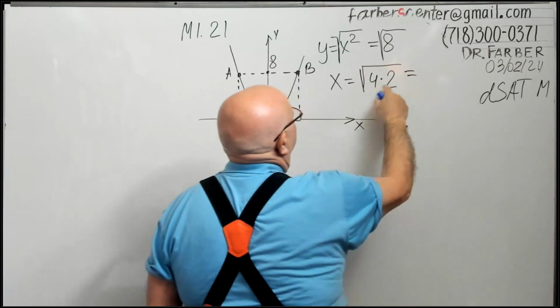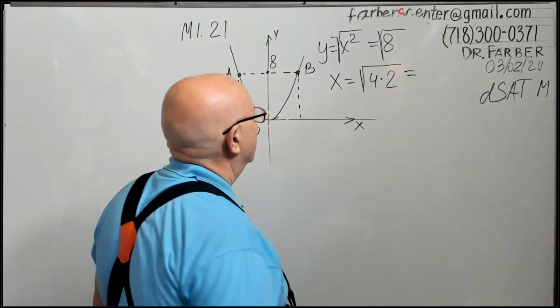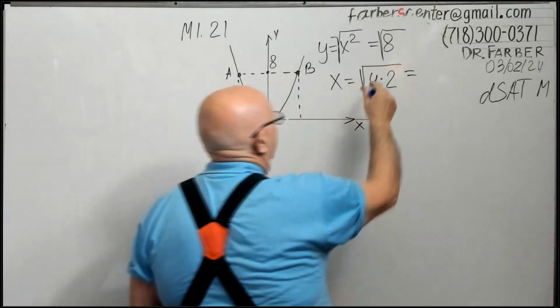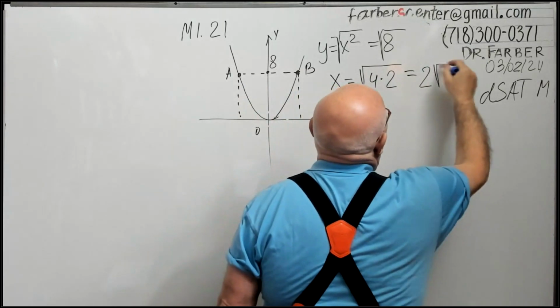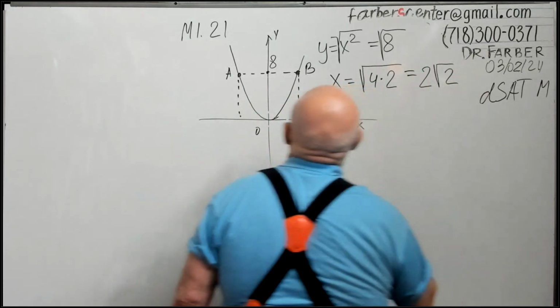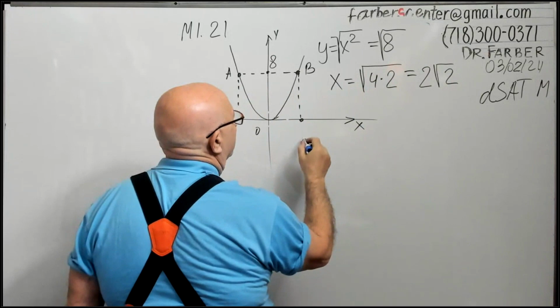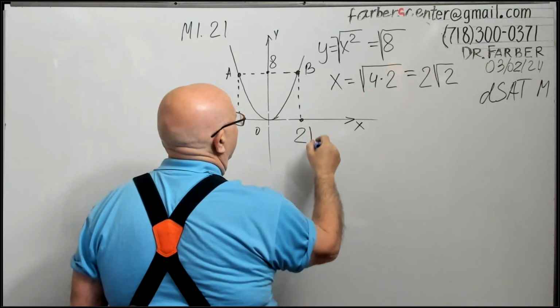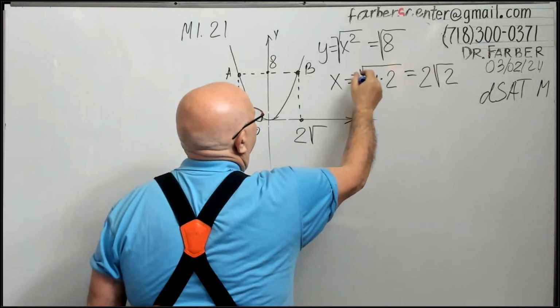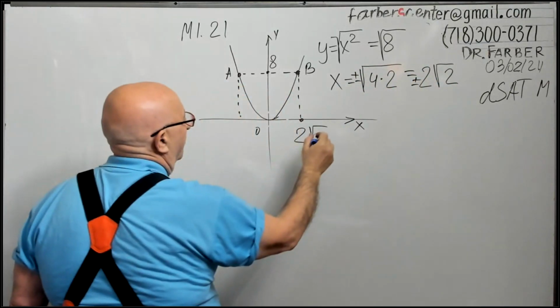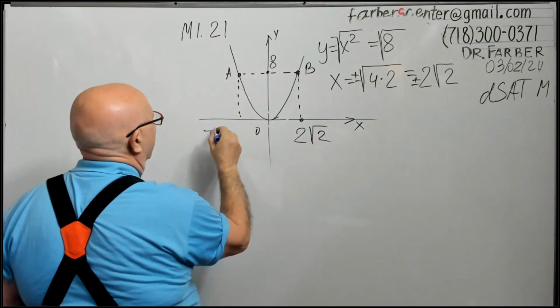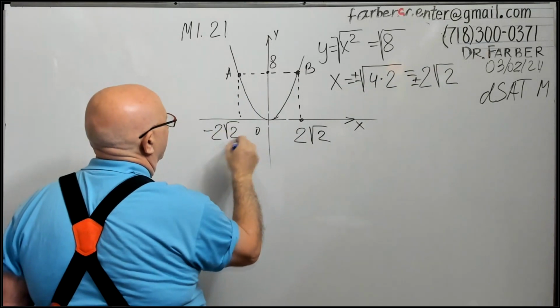The square root of a product equals the product of the square roots. The square root of 4 is 2, times the square root of 2. It means this point is 2 square root of 2. And don't forget to put plus minus here. And this is -2 square root of 2.